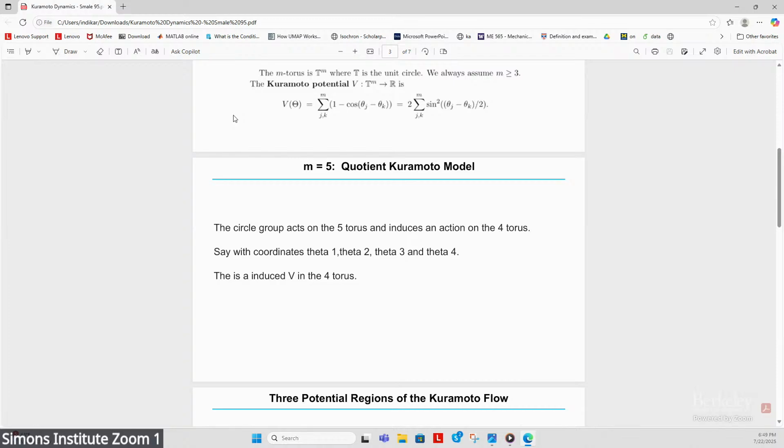They will be the gradient, or minus the gradient, of this function V in every case. So V is a function on the 4-torus, and the gradient of V is exactly Kuramoto. This is the first step. Okay, so we can go to the next.